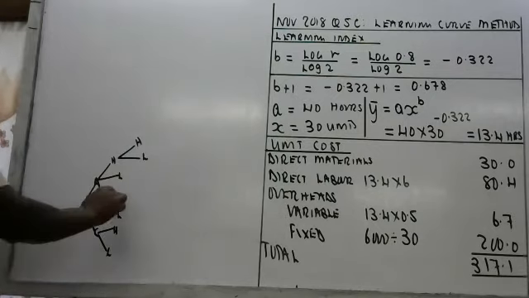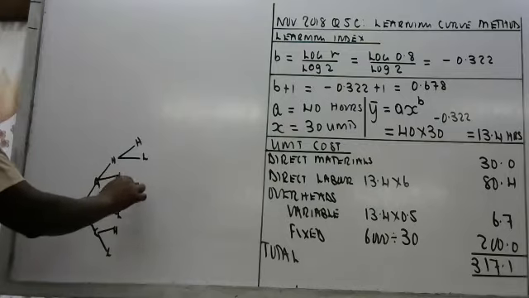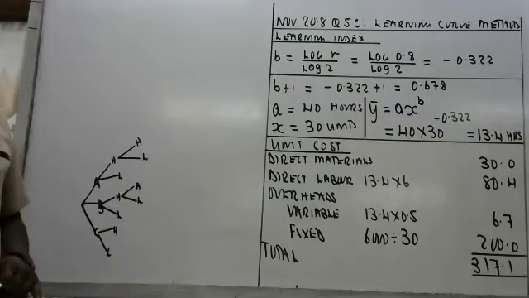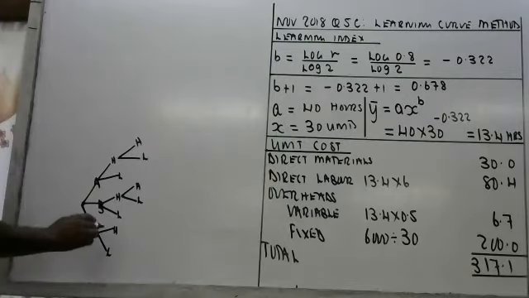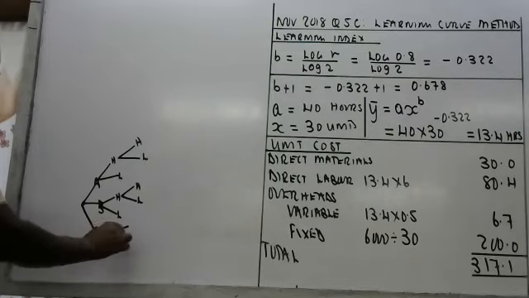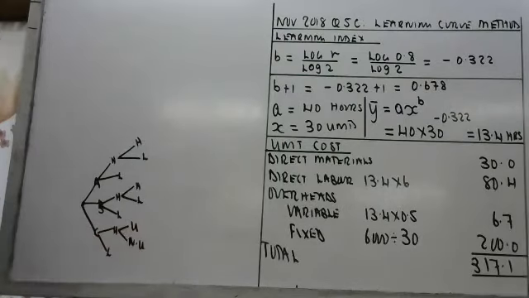The same case here and the same case there for B. Then for C, if demand has been high, there are 2 possibilities that you can do. You can either upgrade or not upgrade.